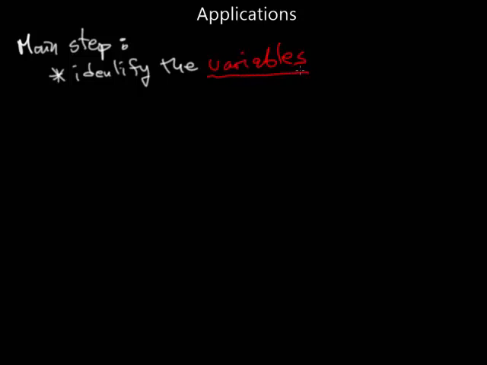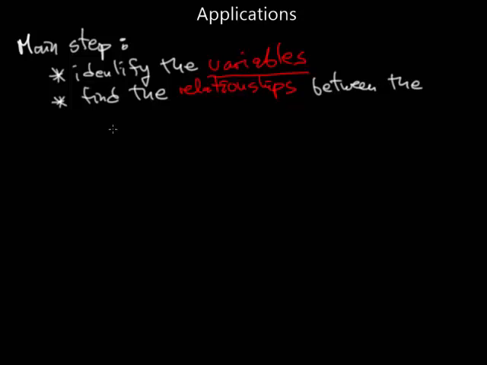Okay, so as I said, the main step in this process is finding the differential equation. And really the first thing you have to do is identify the variables that you're going to be using. It's often overlooked, but once you decide what your variables are, that's half the battle. And once you have the variables, then the next thing is to express the relationships between them, how they're changing, and how they're related to each other.